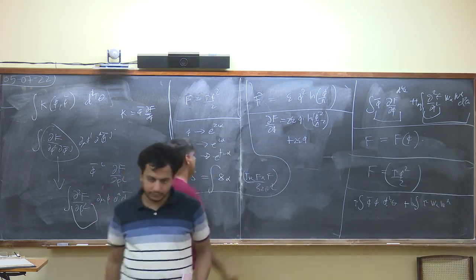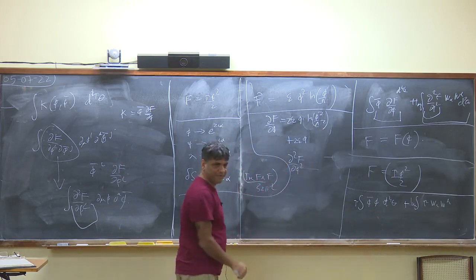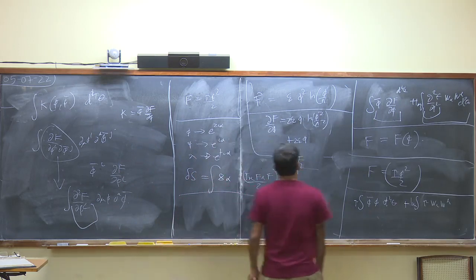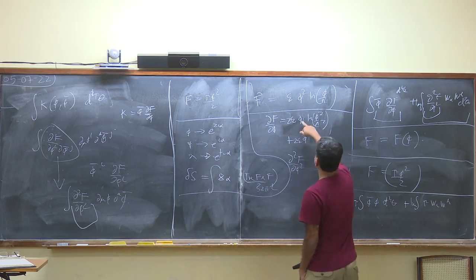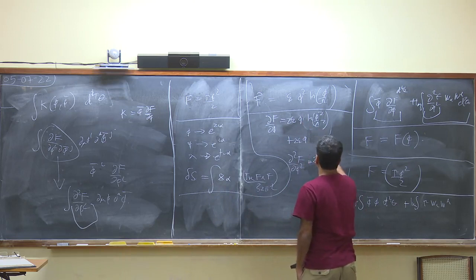And del 2f by del phi squared, we differentiate again. So one term is, hit this guy, so we get 2 zeta log phi squared by lambda squared.